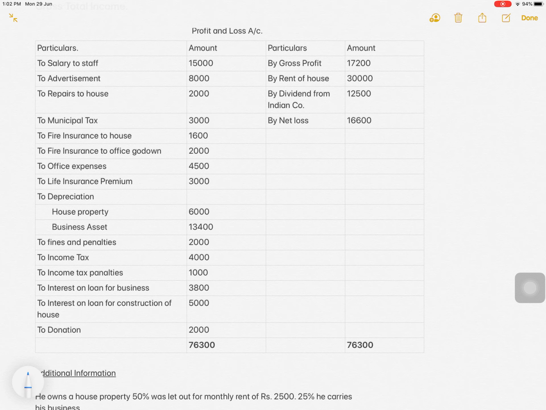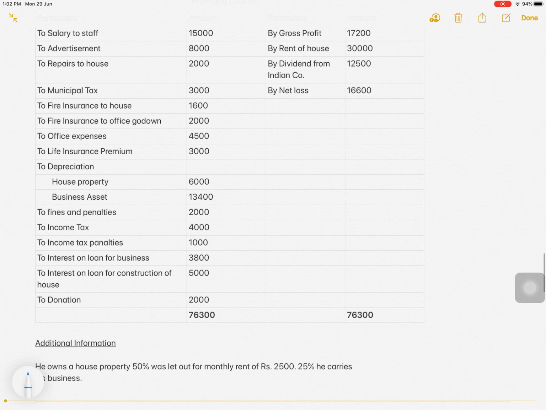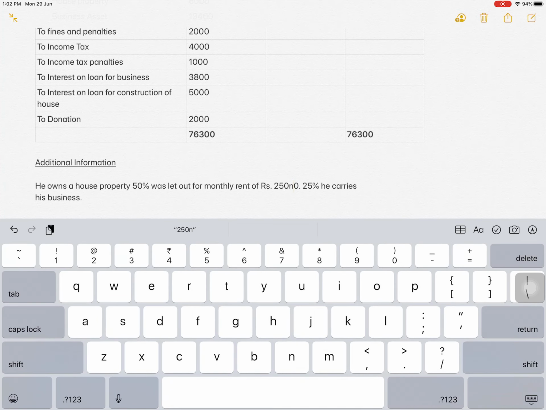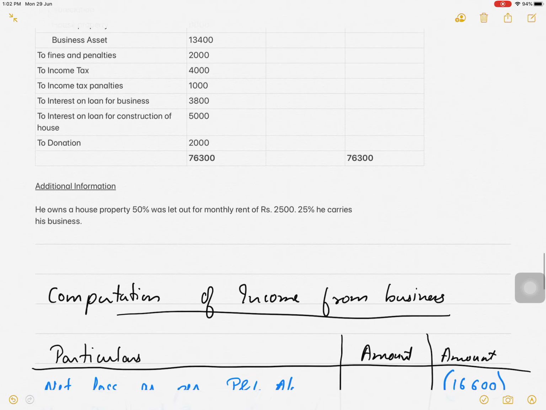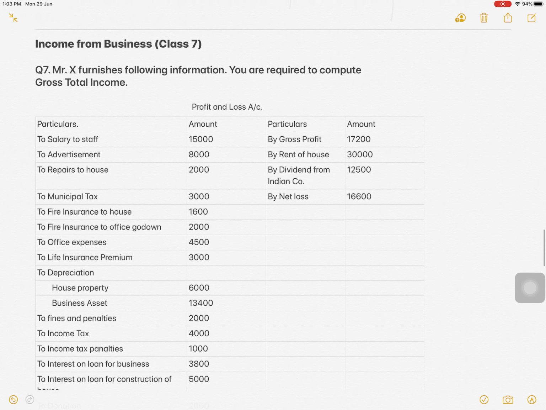So in this, rent of the house, that is 50% of the house. Just calculate. See, in the additional information it is given: he owns a house property, 50% was let out for monthly rent of rupees 2,500, correct?